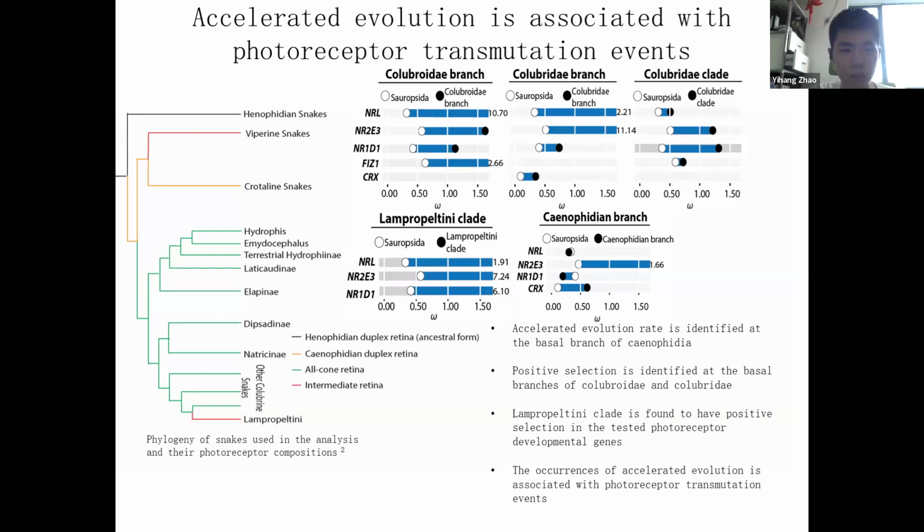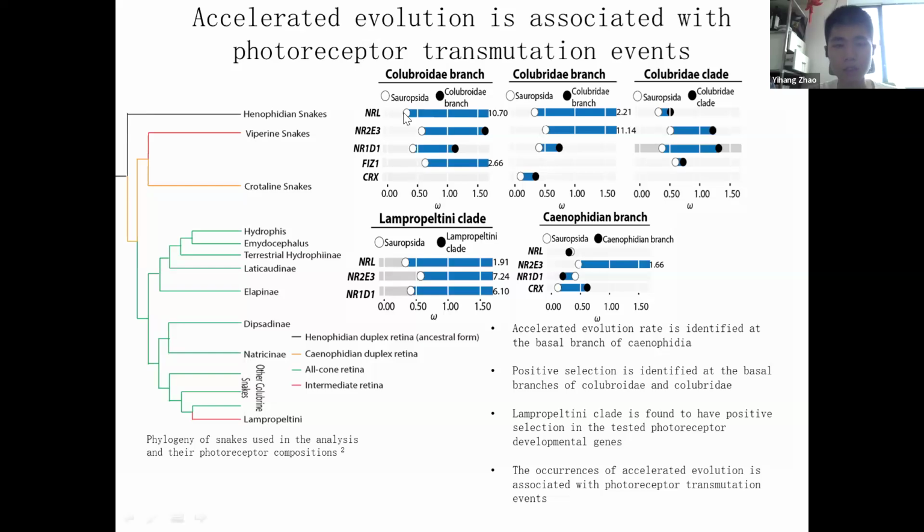And here a transmutation event occurred that transmuted the ancestral form of duplex retina into the more advanced form of duplex retina. Similarly, here is another transmutation event, and eventually here and here. So there are multiple transmutation events within the phylogeny.